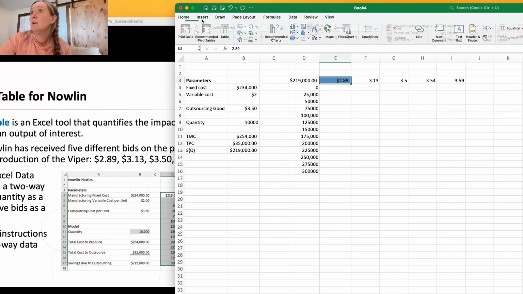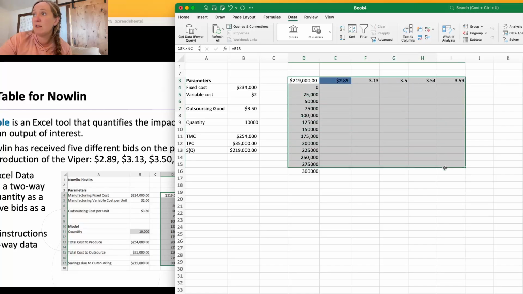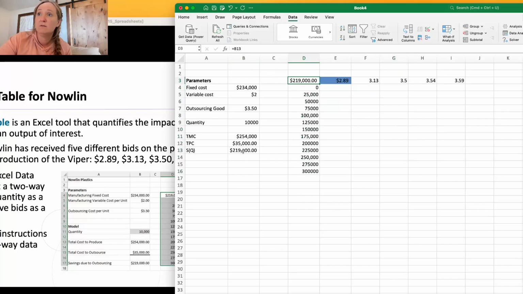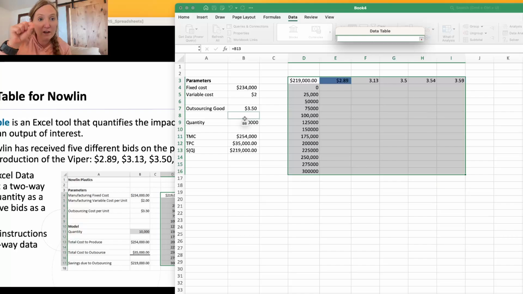So if we go over to our data function, we want to highlight everything. We have our equation that we're changing, which is total manufacturing cost minus total production cost. We have our quantity, and we have our changing price. I'm going to highlight this entire box and go to a what-if data table, and then put in our varying cells.